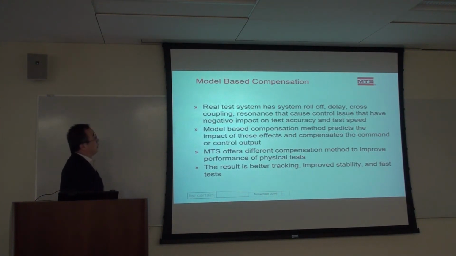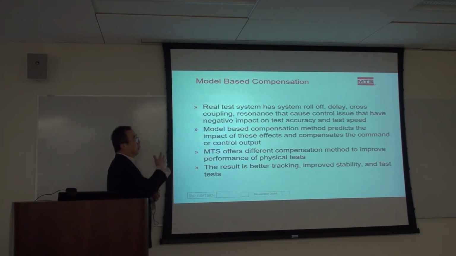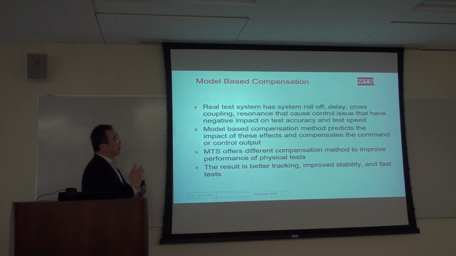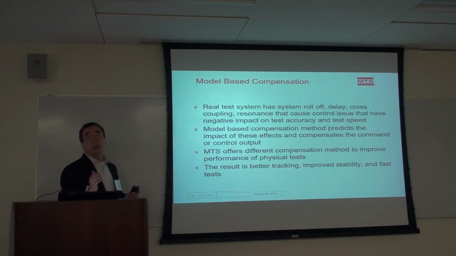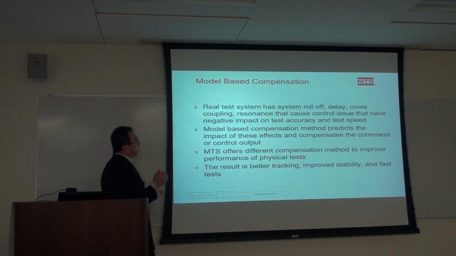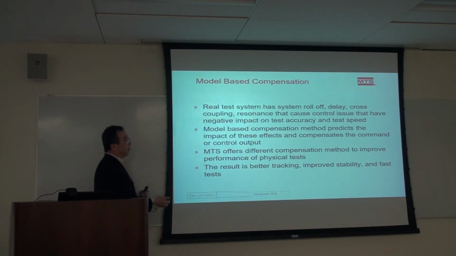Another application of model-assisted testing is in aerospace testing, like wind testing, which has many actuators, maybe 200, and a lot of cross-coupling, so it is complicated. Sometimes because of that, the test cannot be run very fast. So the tests are very slow, and as a result take a very long time. People are thinking of using different compensation methods to make the test more accurate and more stable.